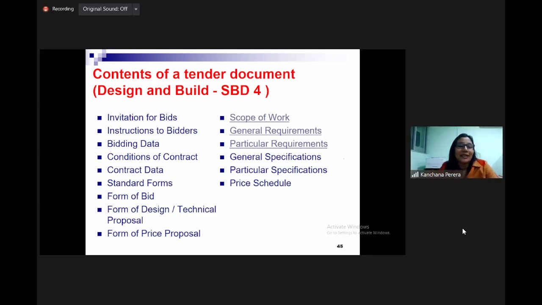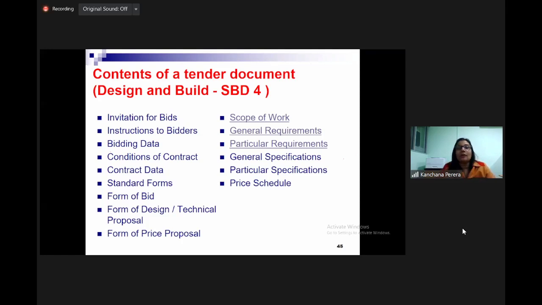Actually, as I mentioned earlier, this SBD 04 has a smaller consultant, playing a smaller scope compared to the normal consultant in a remeasurement contract. So we have to have a consultant here. In that consultancy team, there will be a structural engineer, an architect, and a QS at least. In our university also, I was the person who prepared the design and build bid document, but unfortunately we cannot do our own projects.